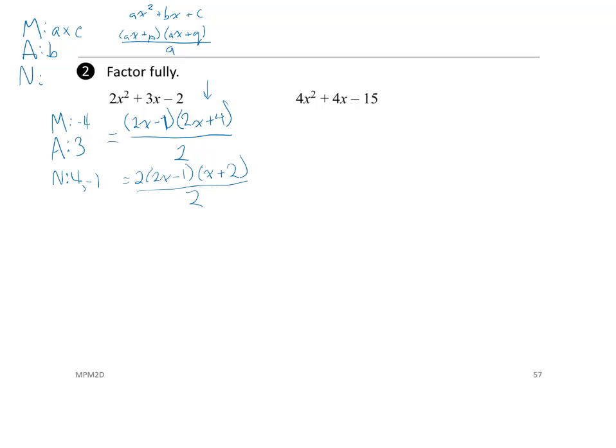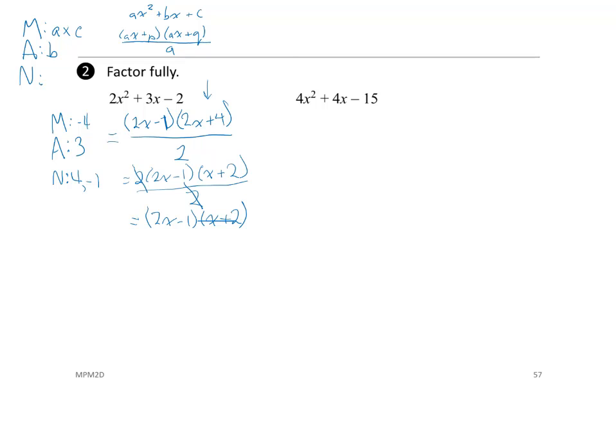And what ends up happening is our 2 here gets canceled out with what we're dividing by, and we're left with just 2x minus 1 times x plus 2. And that's it.